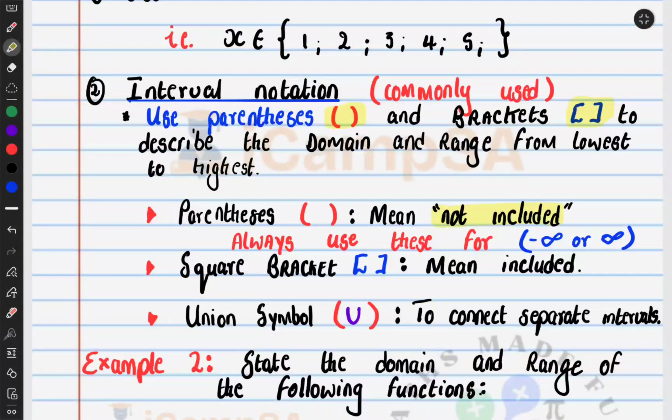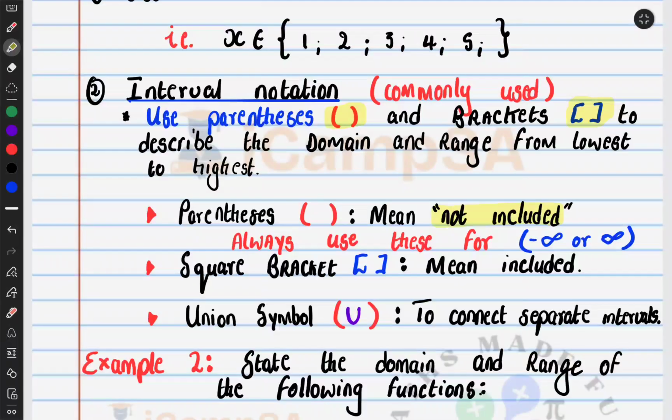You'll see this especially with the range of hyperbolic and exponential functions, where we use parentheses a lot, because there are some values for which those functions don't exist. We have that asymptote level where the function approaches but never touches.